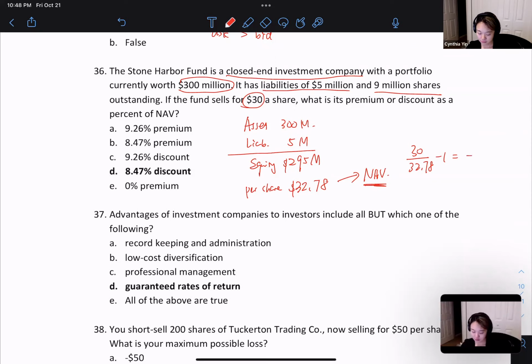Sorry, originally this is actually 32.7777, so the answer would be around negative 8.47%. So it is sold at a discount of 8.47%. Okay, because when you think about discount, you think how much lower in percentage it is than the NAV.